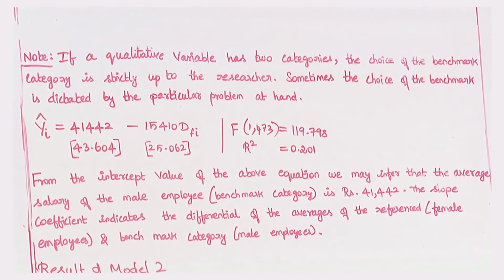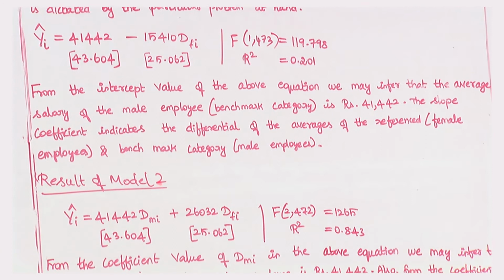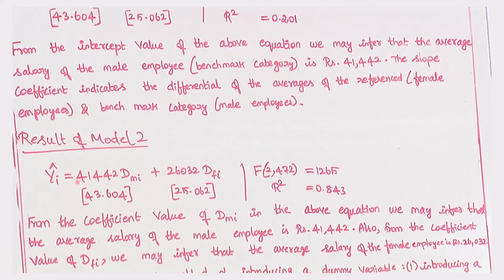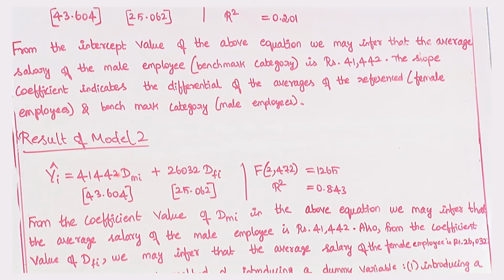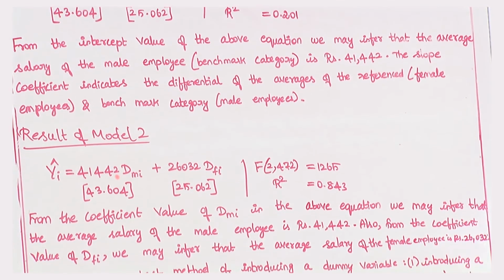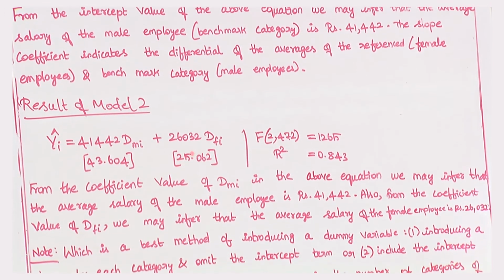Now, let us discuss the result of model 2. In this case, the two dummies are introduced, but the intercept is dropped. We can very well say the coefficient of the male dummy, DMI, is nothing but the average salary of the male employees.